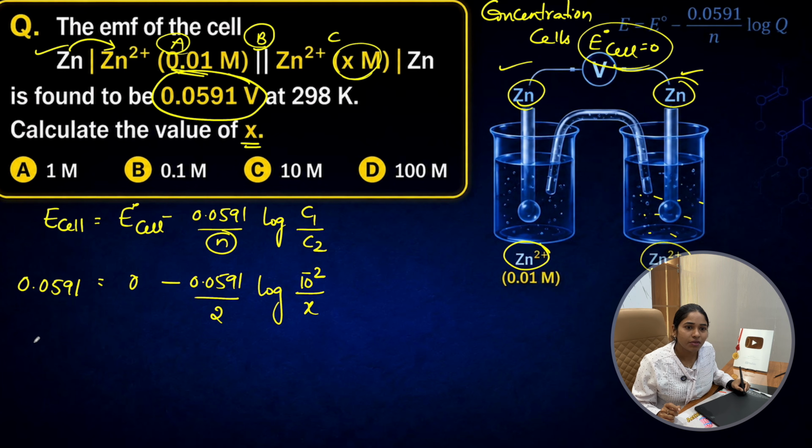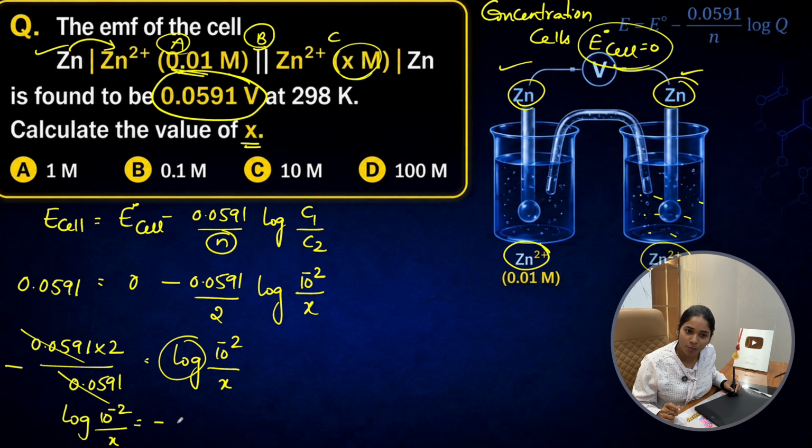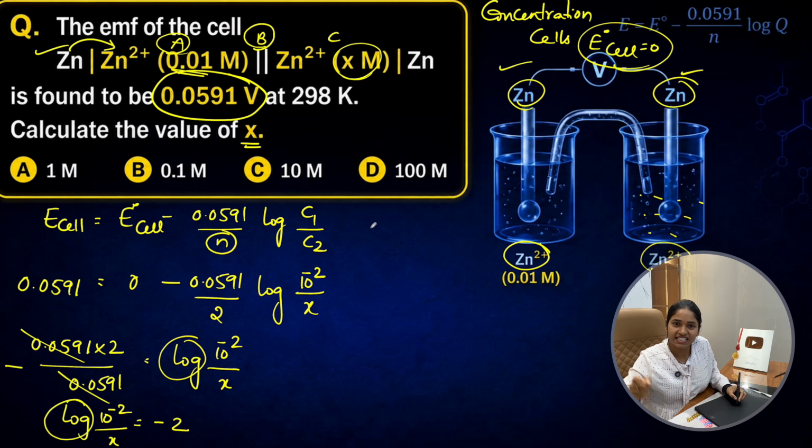Move the entire term here: 0.0591 into 2 divided by 0.0591. If the minus is here, I will move that minus also to this side, then it will cancel, minus 2 is left, log 10 power of minus 2 by X. Then if I move the log, I get log 10 power of minus 2 by X is equal to minus 2. If log moves this side, it will become anti-log.